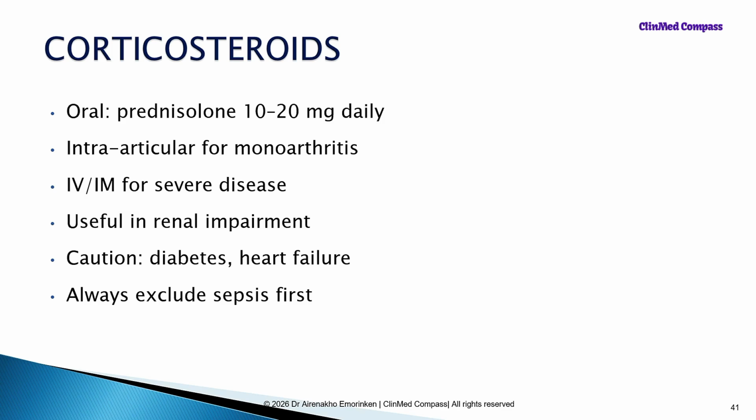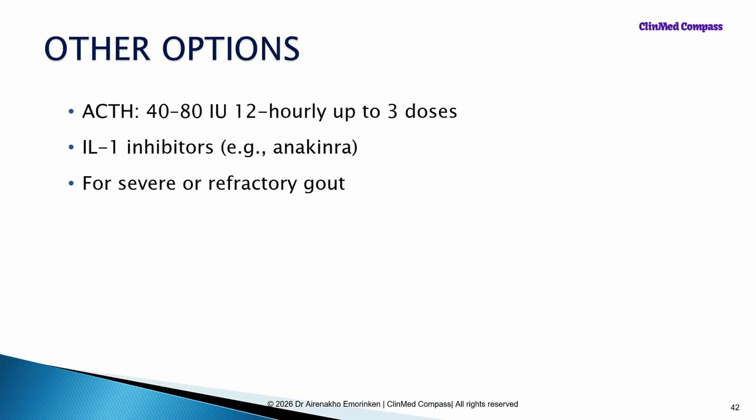Steroids are particularly useful in renal impairment, where NSAIDs and colchicine may be contraindicated. Use with caution in diabetes and heart failure. Always exclude sepsis before injecting steroids into a joint. When used appropriately, steroids provide rapid, reliable relief.